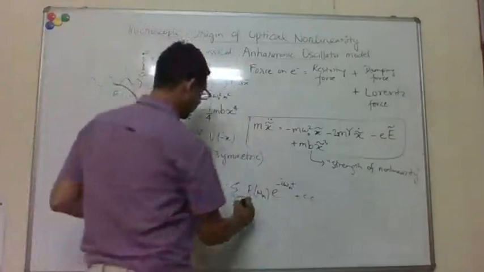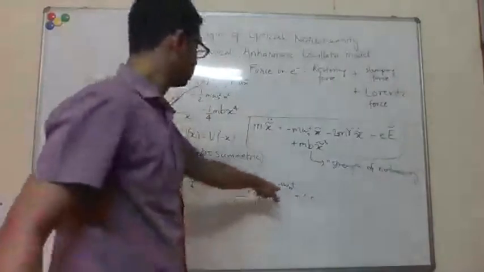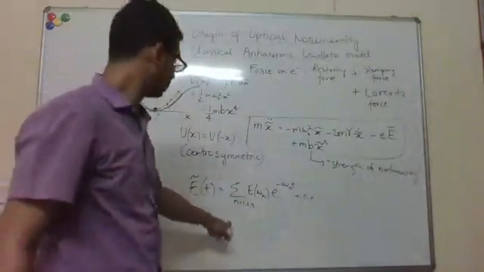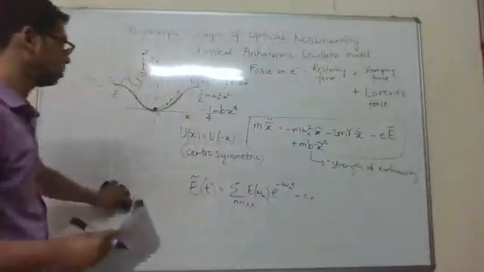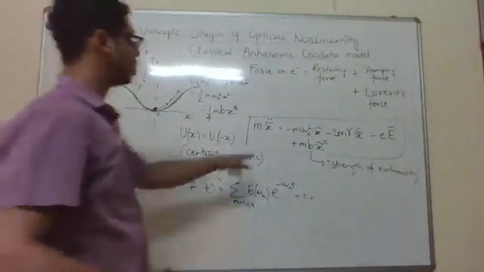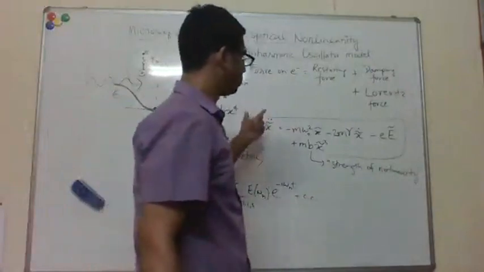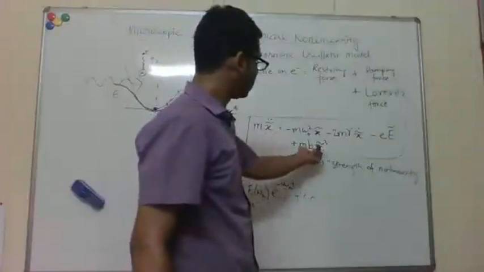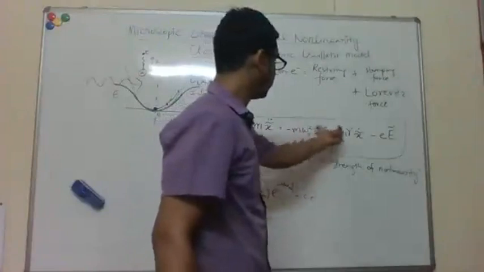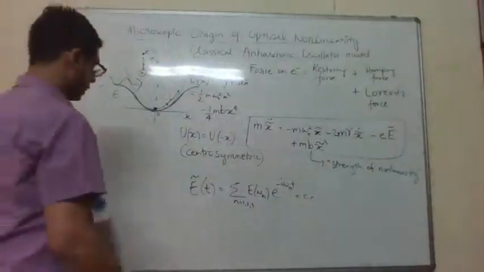So for example, we could consider n equal to 1, 2, 3, so three different frequencies present, but it could be any number of frequencies, right? And then basically the way to solve this is using perturbation theory. So we recognize the fact that usually this term, the nonlinear term, is much smaller than the linear terms. So we can use perturbation theory to solve it, right?